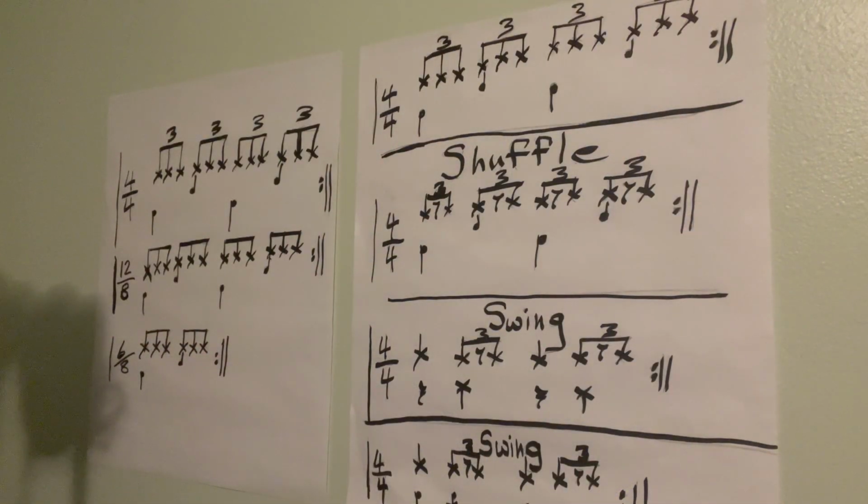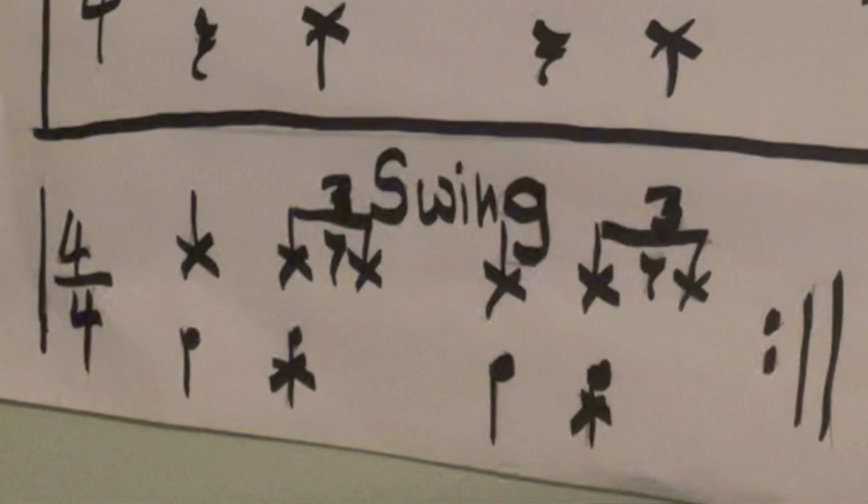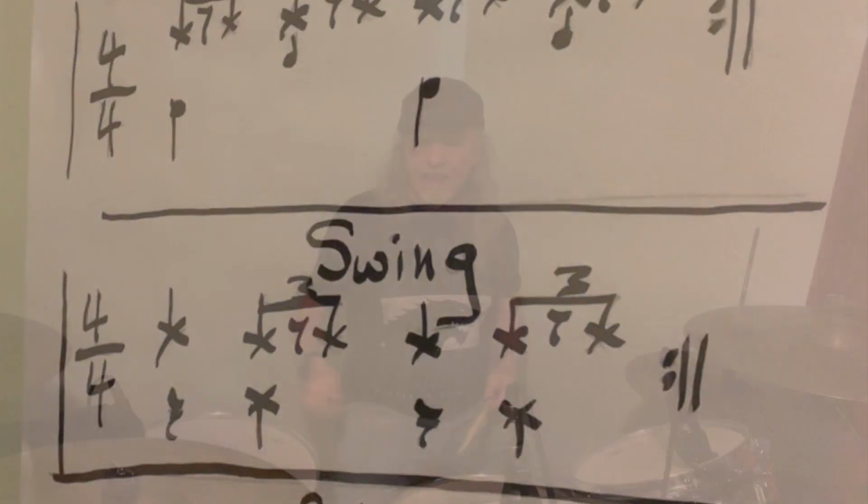A traditional swing pattern exemplified by the music of the big band era would feature 4 quarter notes on the bass drum with the hi-hat on the 2 and 4.